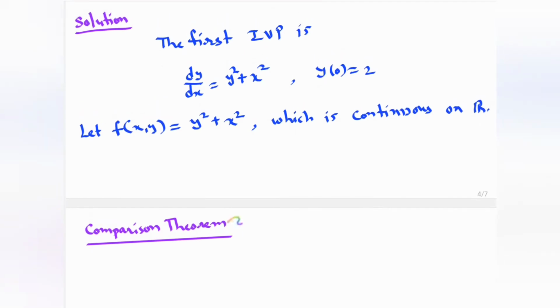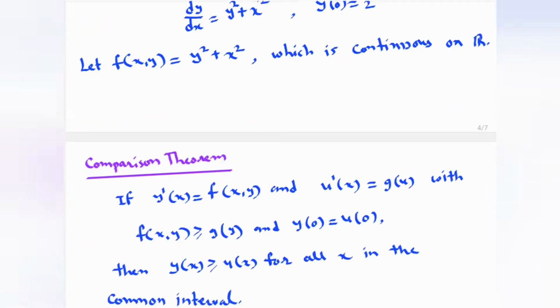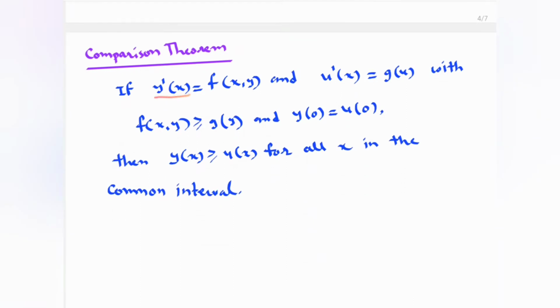Now there is a comparison theorem for differential equations which states that if y dash x equal to f of x, y and u dash x equal to g of u with the condition that f of x, y is greater than or equal to g of y, and y0 equal to u0, then y of x is greater than or equal to u of x for all x in the common interval. So we will use this comparison theorem to find the value of L0 because by the direct method we cannot find the value of L0.